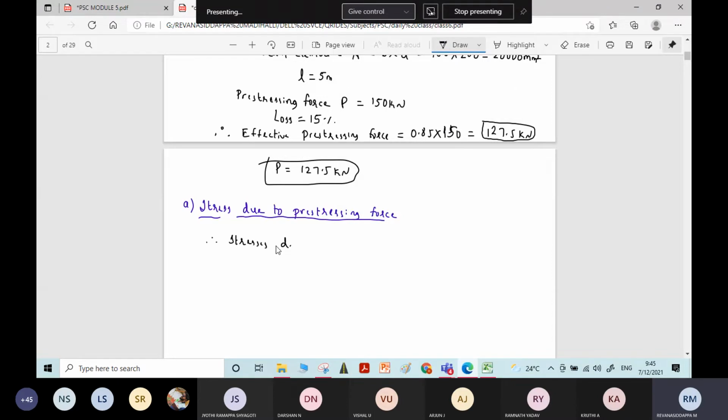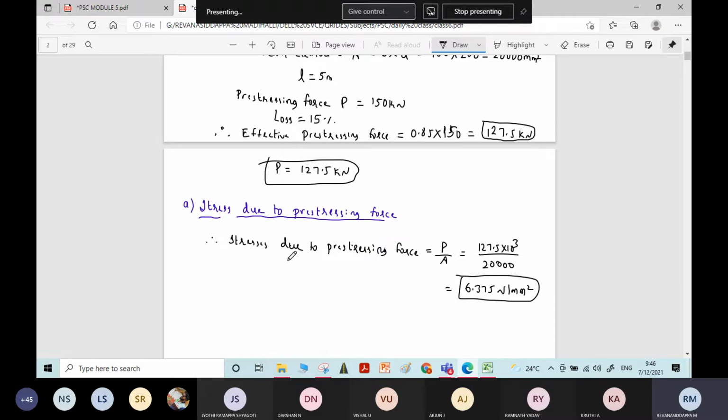The direct stress due to pre-stressing force is equal to P by A. P is 127.5, area is 20,000. Tell me the answer. 6.375 Newton per mm square.